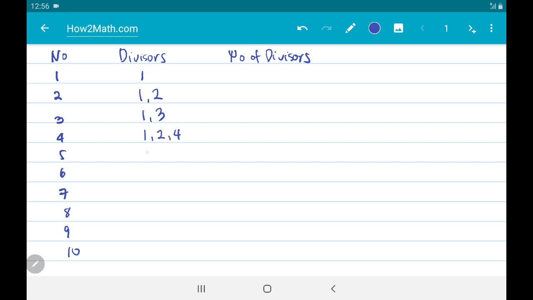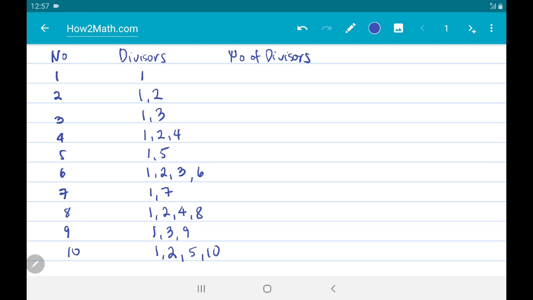For 5, we have 1 and 5. For 6, we have 1, 2, 3, and 6. For 7, we have 1 and 7. For 8, we have 1, 2, 4, and 8. For 9, we have 1, 3, and 9. And for 10, we have 1, 2, 5, and 10.